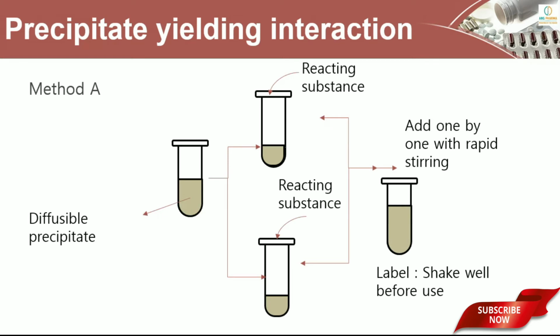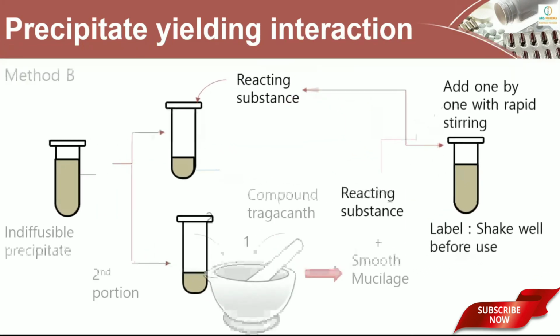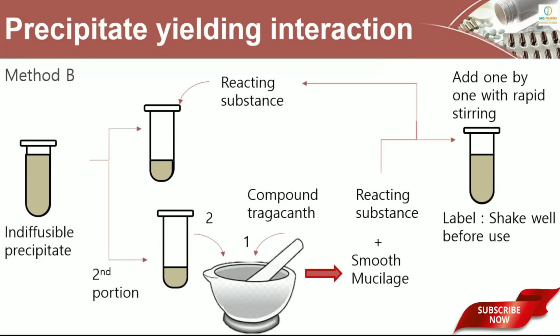If the precipitates formed are indiffusible, then the chemical interaction can be prevented by following method B in precipitate yielding interaction. In method B, we have to divide the indiffusible precipitate solution into two portions. In the first portion, we dissolve one of the reacting substances. Then the second portion of solution is added to compound tragacanth in a mortar to produce a smooth mucilage.